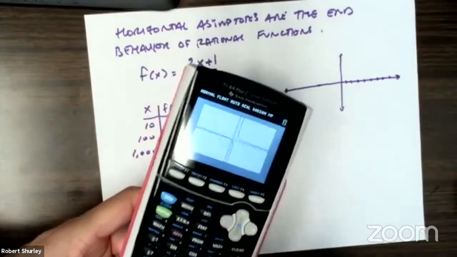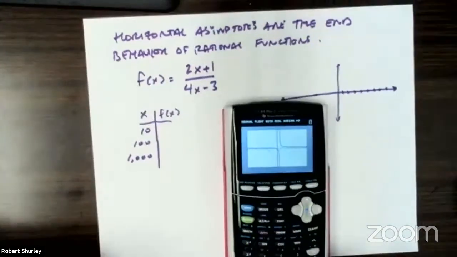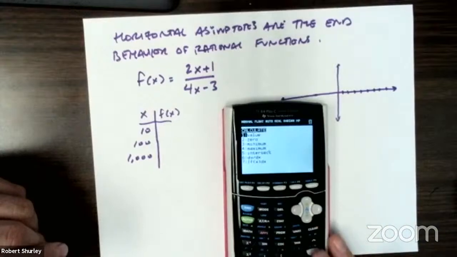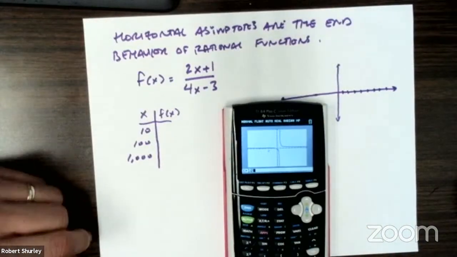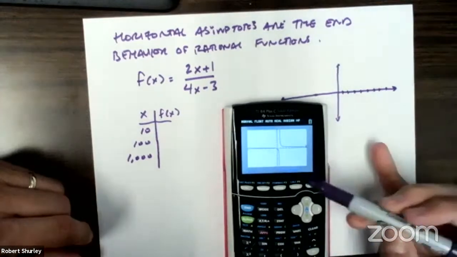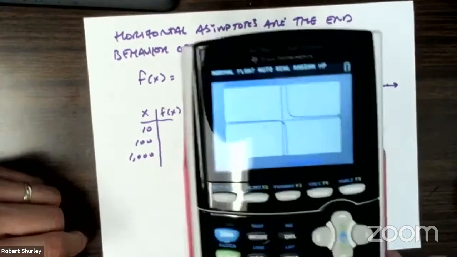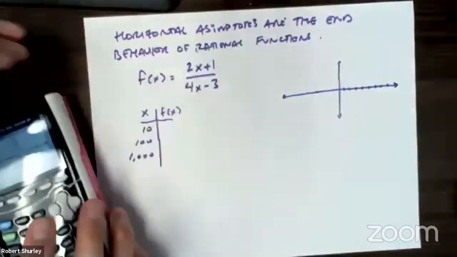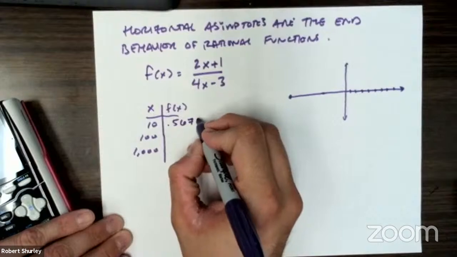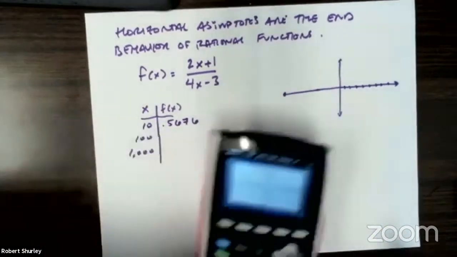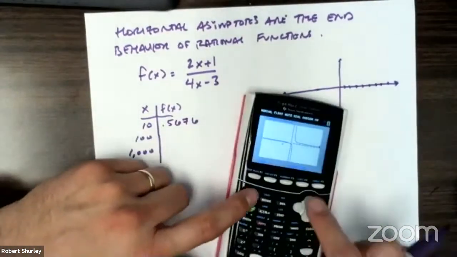So let's put in some numbers here. Second calc, I'm going to put in a value. Let's put in 10. For 10, it's 0.5675, actually 0.5676 if you rounded. Let me see if it lets me put in 100.